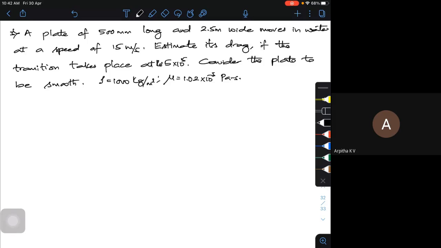Skin friction coefficient is given by this particular thing. Okay, fine.